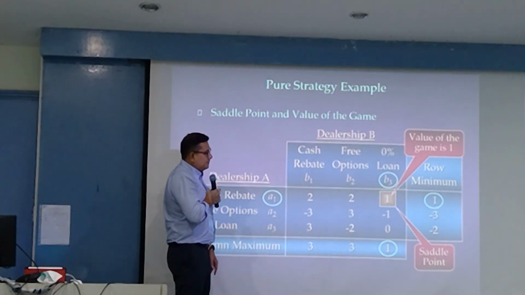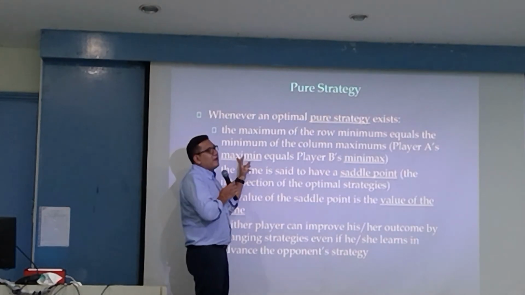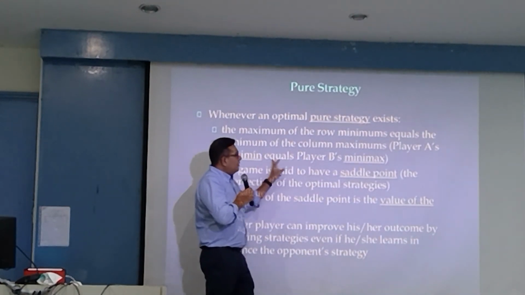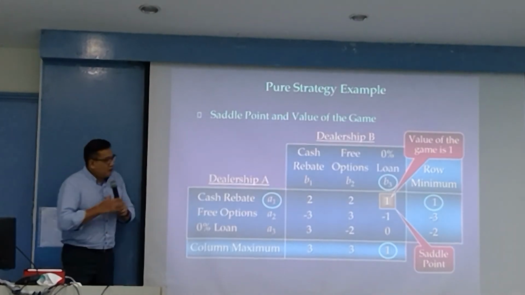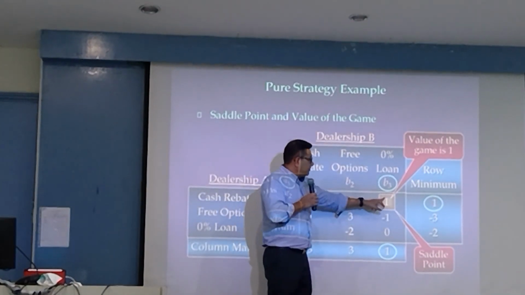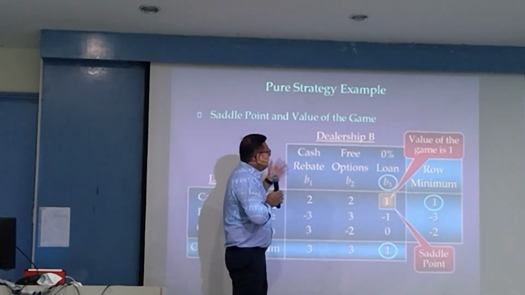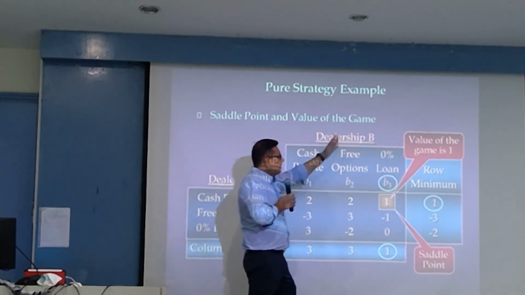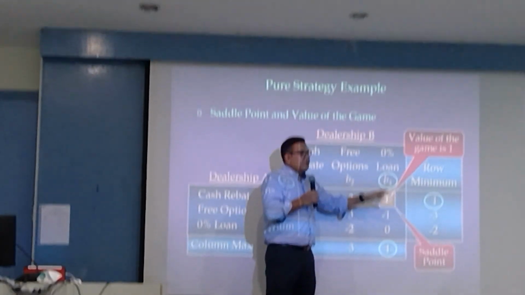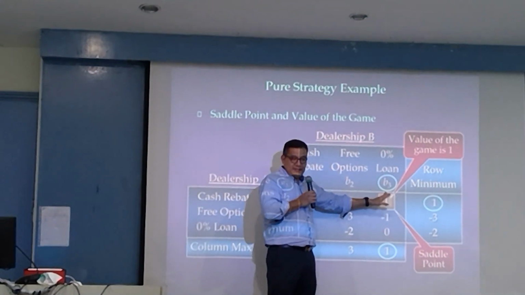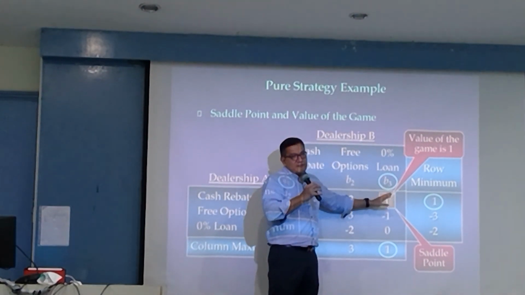So in this case, it is at the saddle point, because the maximin from A equals the minimax from B. Both are equal to 1, and this is the value of the game. If dealership B selects strategy B3 and dealership A selects strategy A1, we have the saddle point, so they cannot get a better outcome than this.